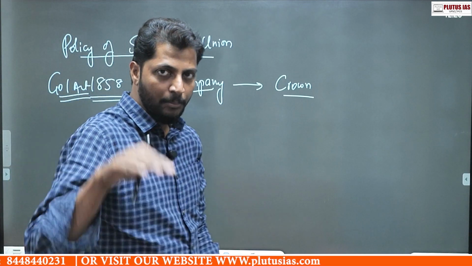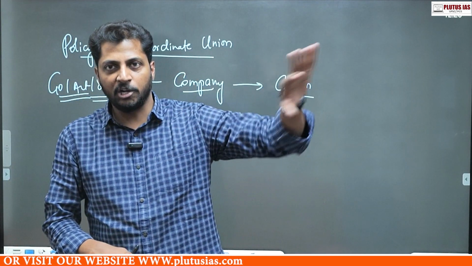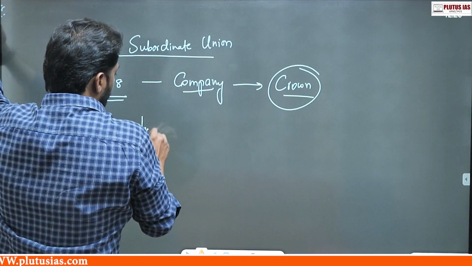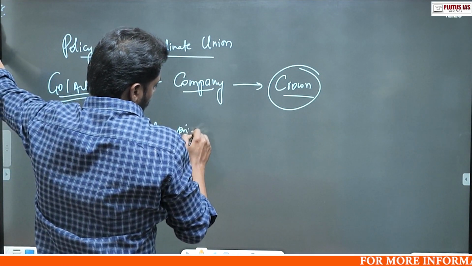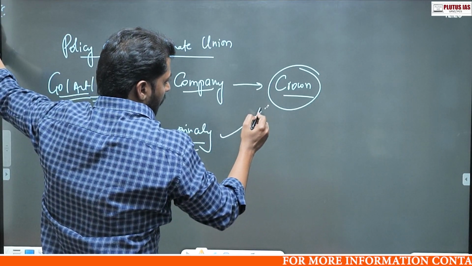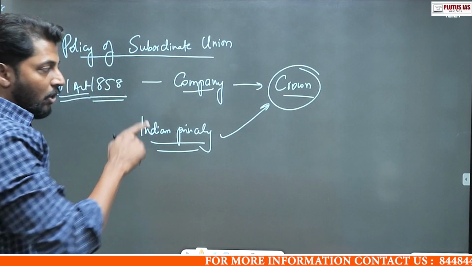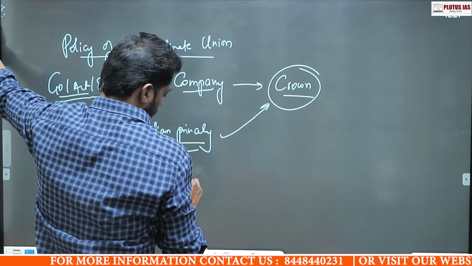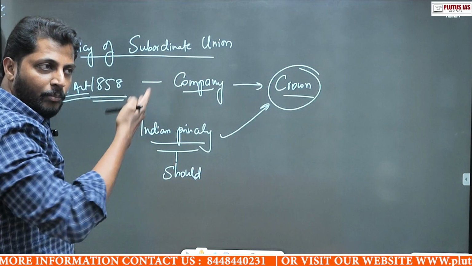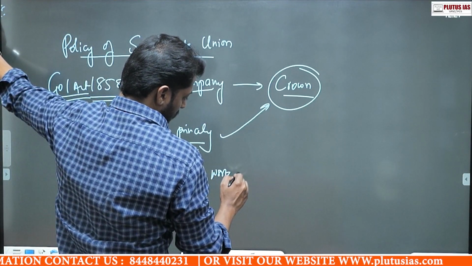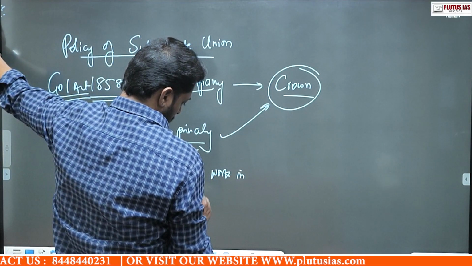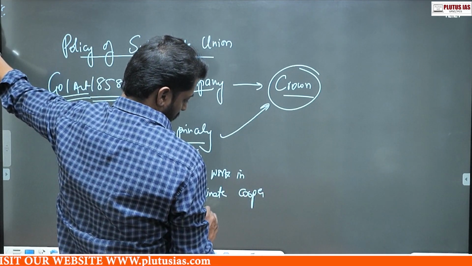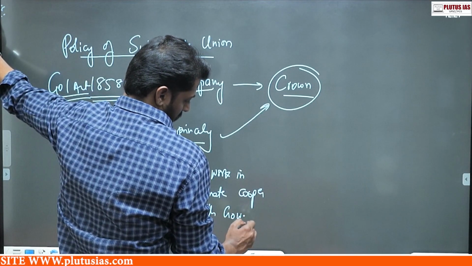In 1858, company rule ended and political power was transferred to the crown. That means now these Indian princely states were under the crown. So under this policy, these Indian princely states, earlier expected to work in subordinate cooperation with the company, now should work in subordinate cooperation with the crown.